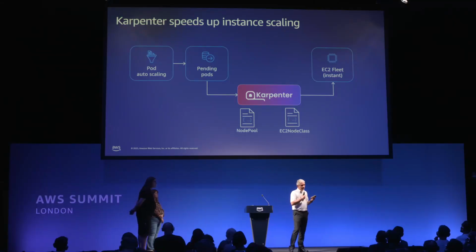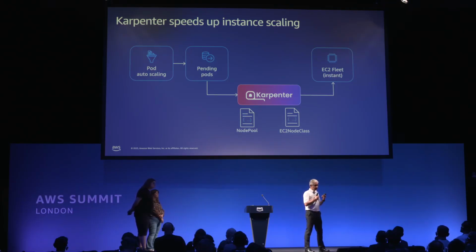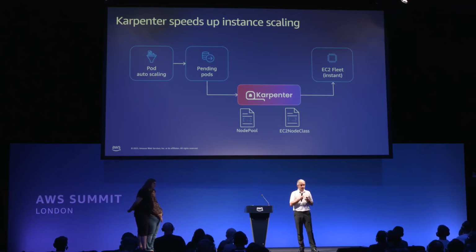An important note here is that this is not just about speed, as you can guess with this approach, talking directly with the API and not having to wait for the autoscaling group to do that for it. The usual response is up to 60 seconds. But the other important bit is that it can use the whole variety of instance types that are there, and you don't have to manage that.